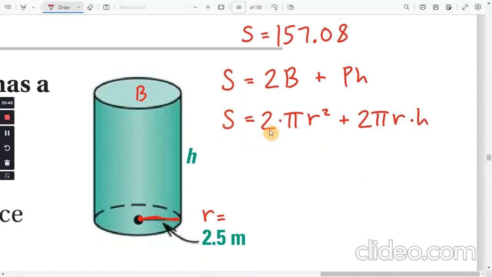So plugging in for S, we can plug in 157.08 in place of S. And that's going to equal 2 times pi times r squared, which is 2.5 squared.